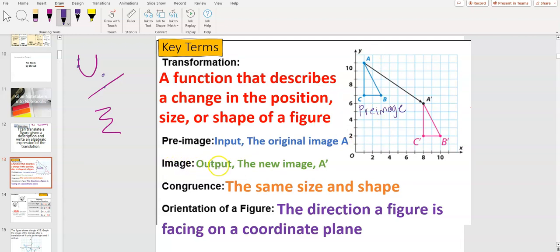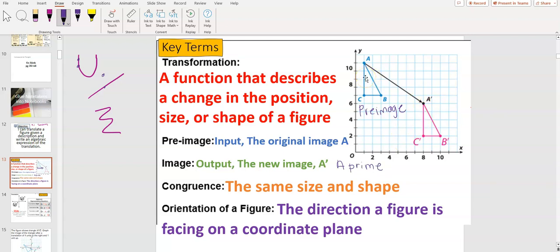The image is our output. After we've done the thing and slid or flipped or rotated the shape, you get an image. That's your new image, and we label it with A prime, B prime, C prime. We label it with letters and then an apostrophe after it, which we say as prime.